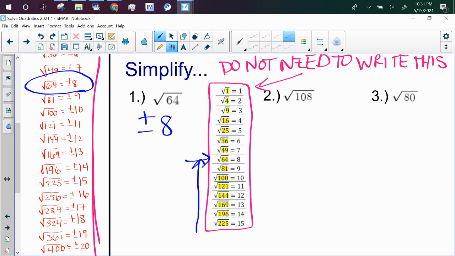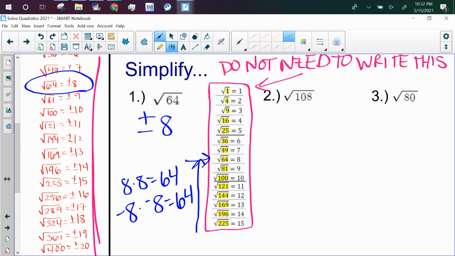So let's talk about why that is. Square root just means that a number times itself makes it. So when I'm thinking about the number 8, and I do 8 times 8, I know that equals 64. But also, negative 8 times negative 8 also equals 64.